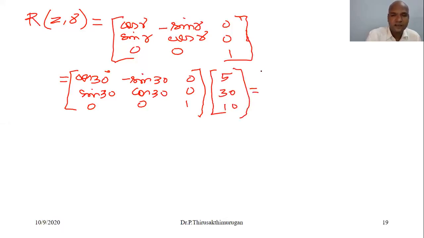Please calculate the values for this and tell me the value.